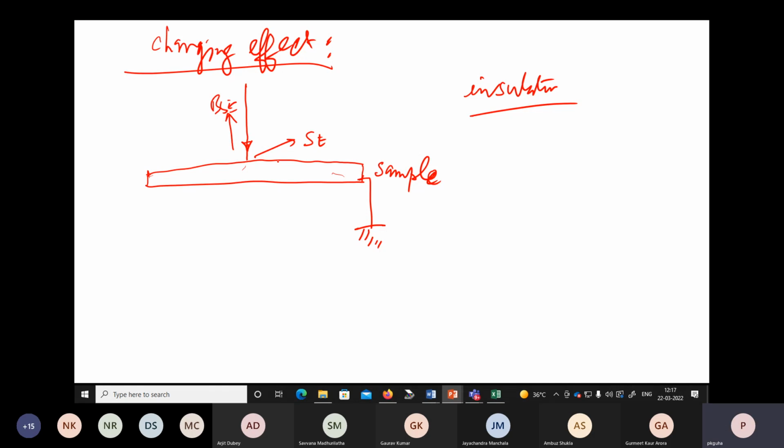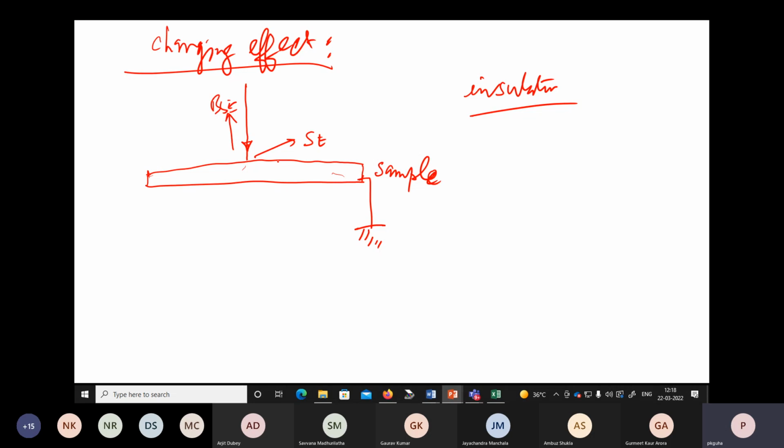Let me repeat it once more. What is the charging effect? Incident electrons come to the sample, ultimately lose energy and are absorbed by the sample. The sample is grounded, so they ultimately go to the ground. But if the sample is an insulator or its conductivity is extremely low, these electrons will not be able to escape to the ground. They create local negative potential at different parts of the sample and influence the secondary electrons.